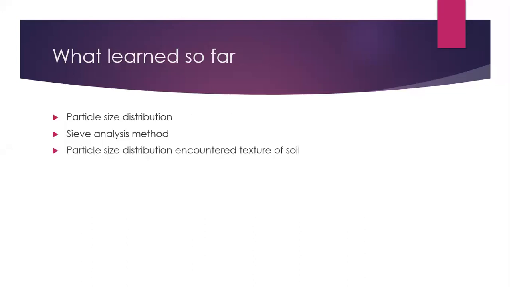So let's talk about the particle size distribution. In chapter number 2, we discuss the particle size distribution, its influence on packing and flow of water, and its effect on gravels and sands. Particle size is obtained from the sieve analysis method.